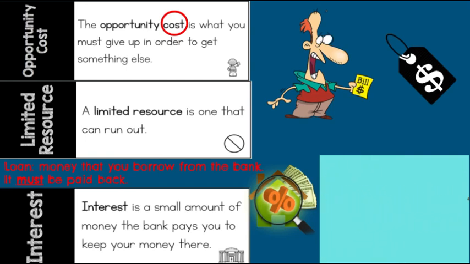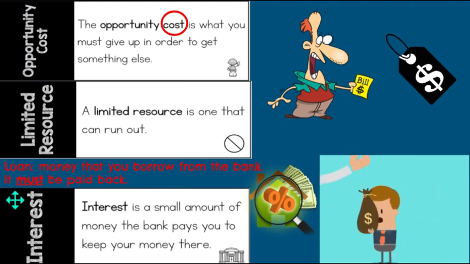If a big bill comes up, sometimes people have to get what is called a loan. A loan is money that you borrow from the bank and it must be paid back. Not only must you give all of the money back that you borrow from a bank, but sometimes they'll add something called interest.